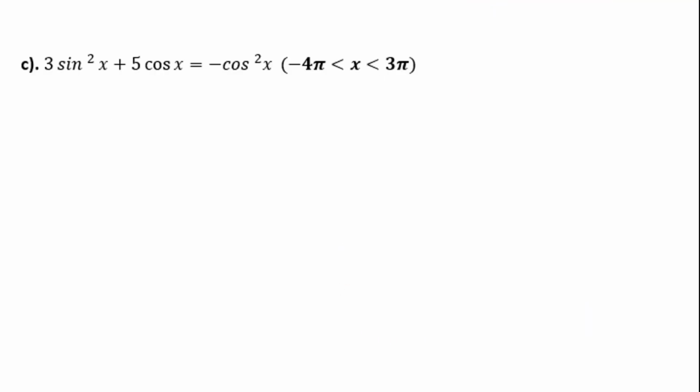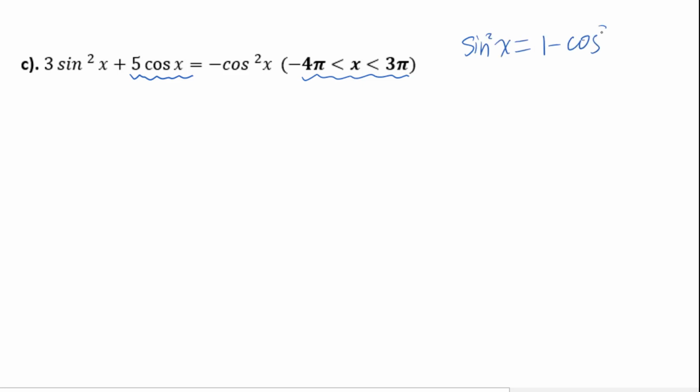Let's go to say 3 sine square x plus 5 cosine x equals negative cosine square x, where x is greater than negative 4 pi, less than 3 pi. Because we have 5 cosine x, you need to change sine square x into cosine square x. Remember, sine square x equals 1 minus cosine square x.